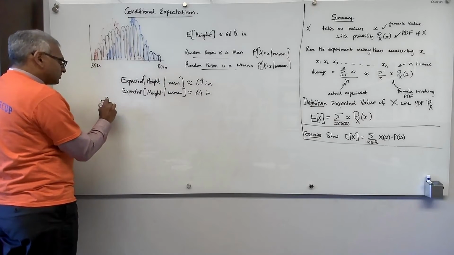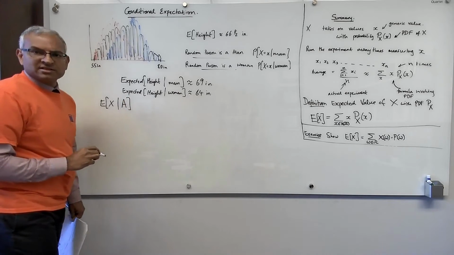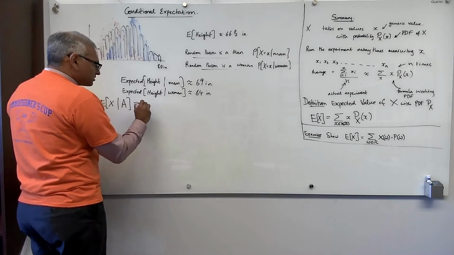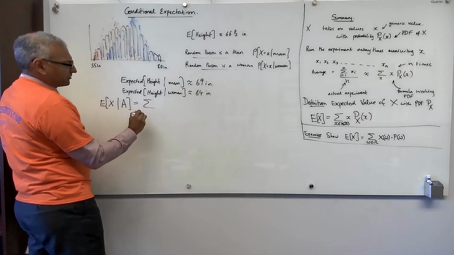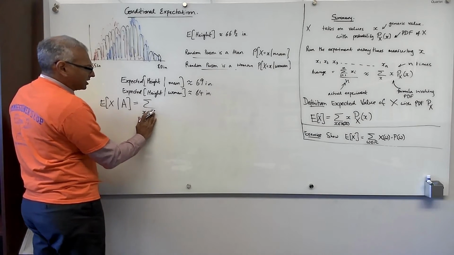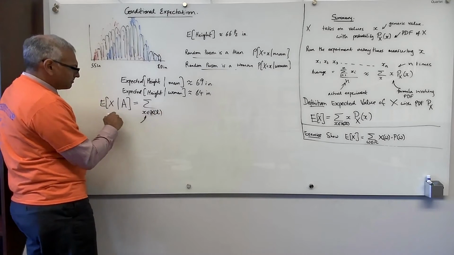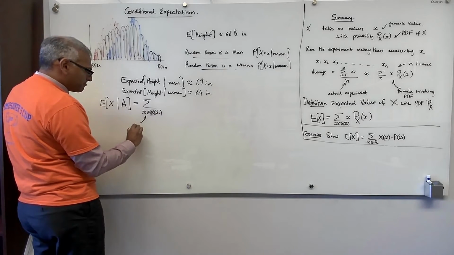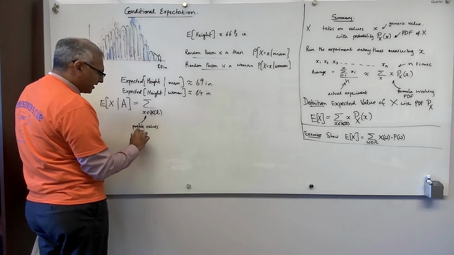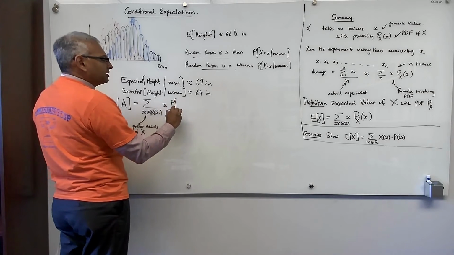So the expected value of a random variable X, given some information A, that the outcome is in a set A, is exactly equal to the sum over the possible values of X, x of omega, times the value weighted by the probability of x.